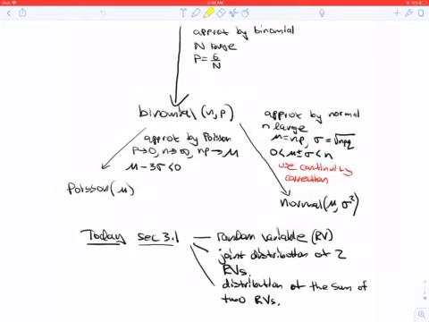And here mu minus 3 sigma has to be less than 0, where mu is n times p and sigma is the square root of npq, where q is 1 minus p.